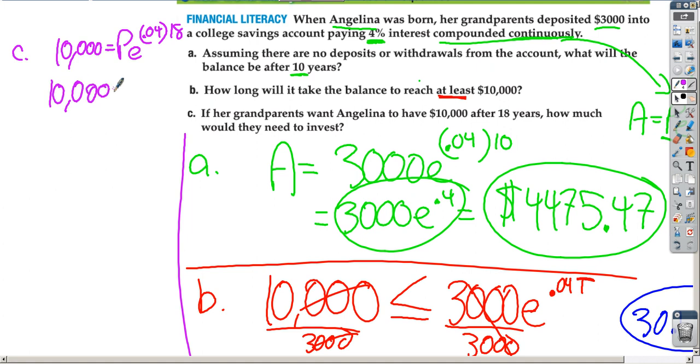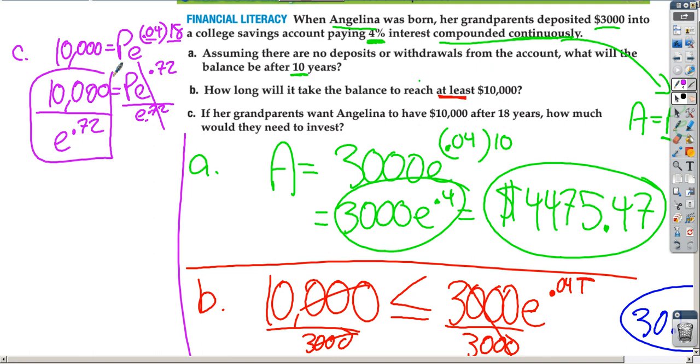So let's change this: these numbers multiplied together would be 0.72. Now we want to solve for P, so we need to divide by this other thing right here. Those will cancel because P is what we're looking for. So whatever this is right here is going to tell us the principal that we need to get $10,000 after 18 years.